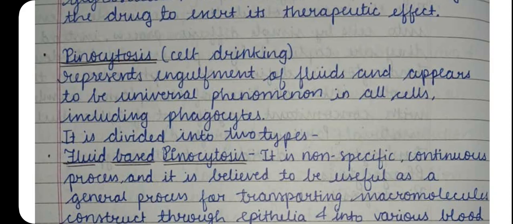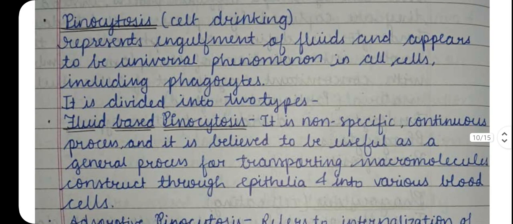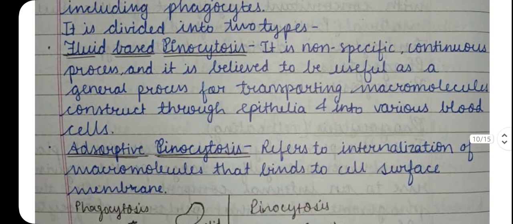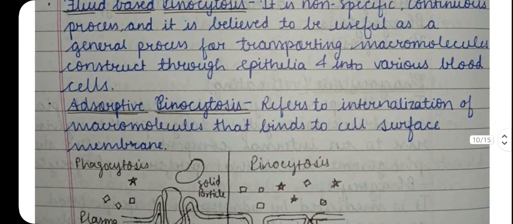Fluid-phase pinocytosis is a non-specific continuous process and it is believed to be useful as a general process for transporting macromolecules through epithelia into various blood cells. Adsorptive pinocytosis refers to internalization of macromolecules that bind to the cell surface membrane.